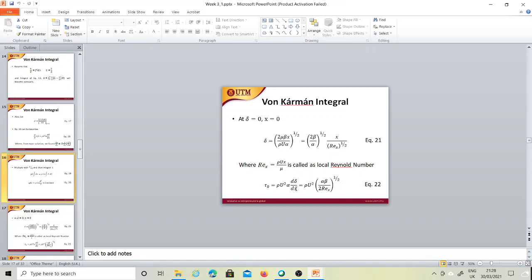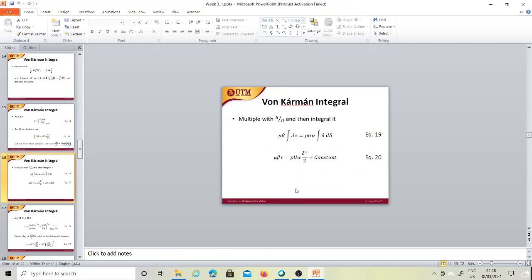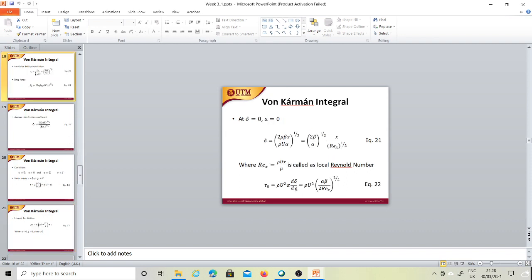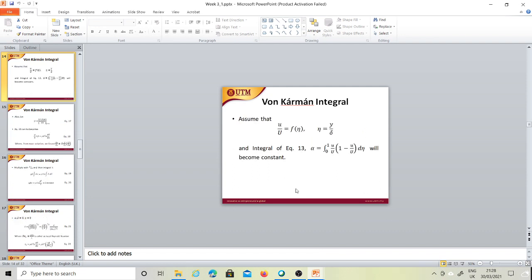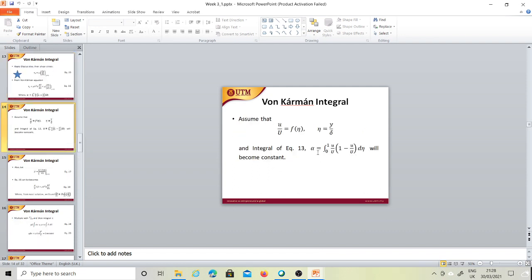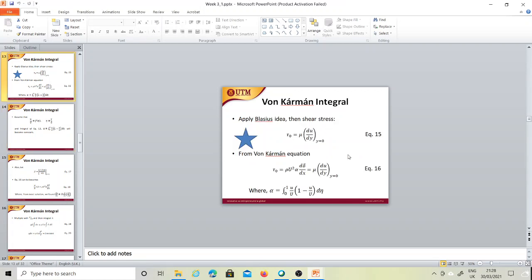And alpha is what? The integration. In this case, alpha is the integral from 0 to 1 of u by u naught times 1 minus u by u naught d eta. It means we are actually replacing y with eta. So if you remember from my explanation, alpha is like this. You have to remember this one.